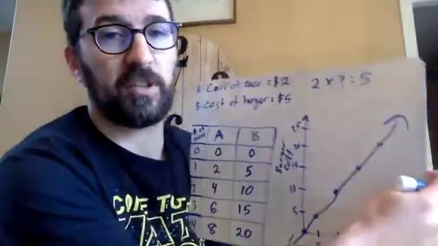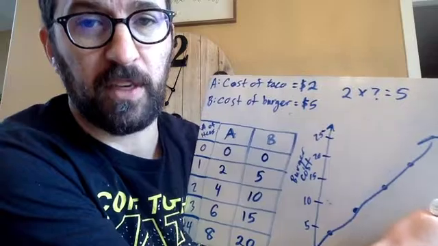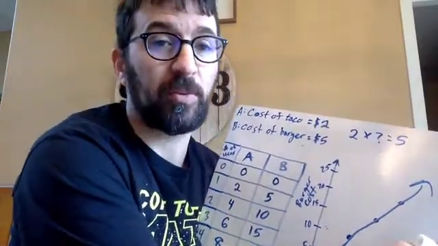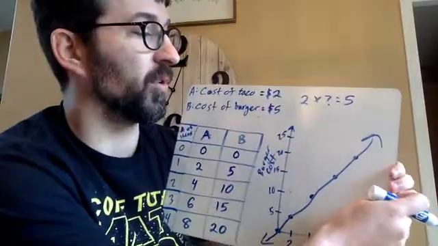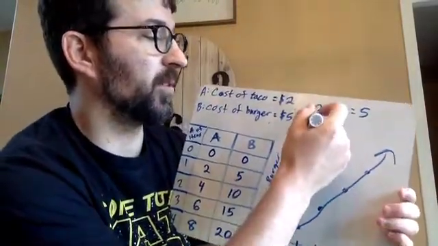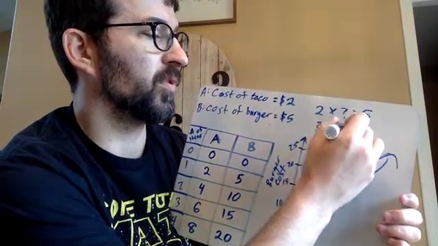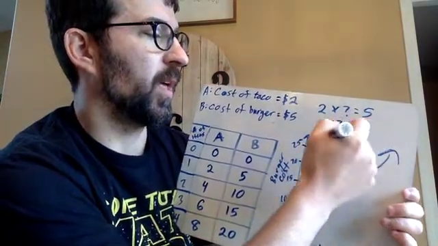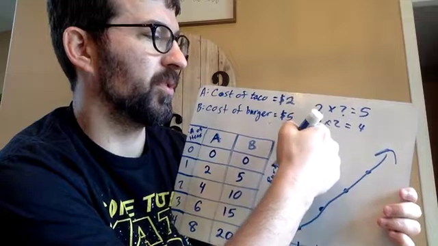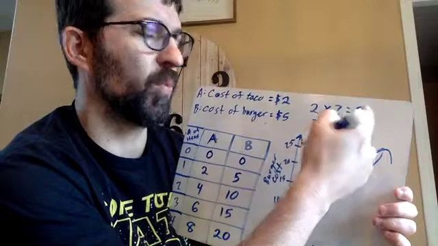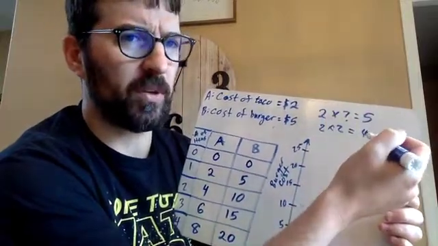Oh, Mr. Smotchus, that doesn't work because 2 doesn't multiply by anything to equal 5. Oh, you're right if you're talking about whole numbers, but we have to think about more than that, don't we? Well, if we think about 2 times 2, we know 2 times 2 equals 4, right? Well, how do I get from 2 times something else to get me to 5? So I need one more. Well, 2 times what equals 1?